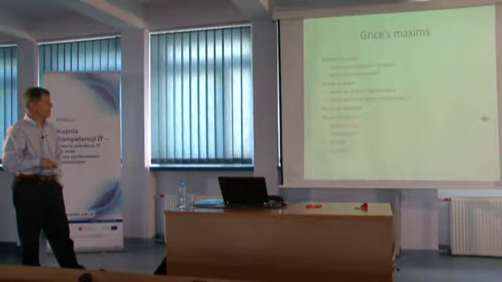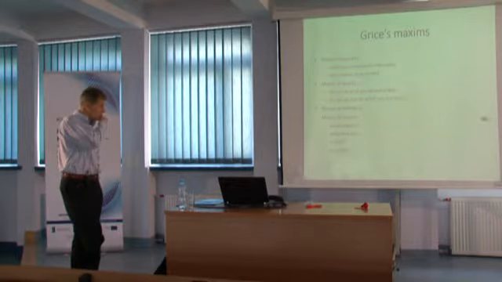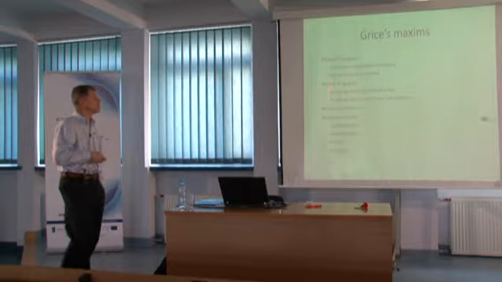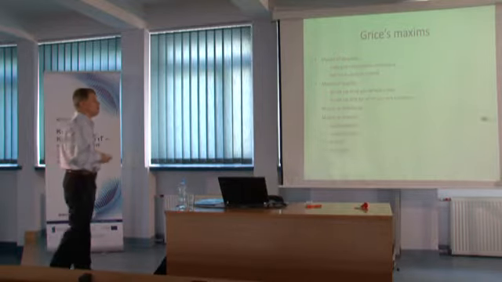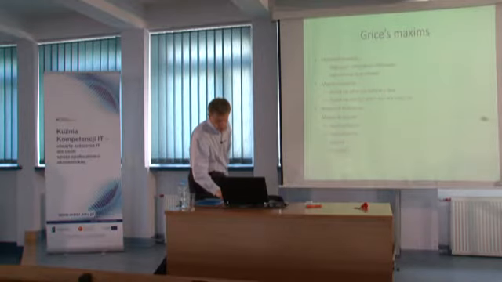And then how you speak: your syntax shouldn't be too ambiguous, and similarly it shouldn't allow too many semantic interpretations. Don't use words that somebody else won't be able to understand. Don't talk too much, and try to speak in order. So this is a collection of maxims that a good dialogue would satisfy.